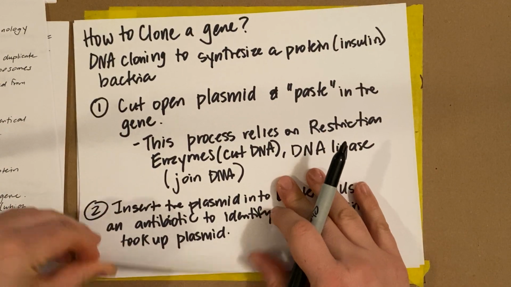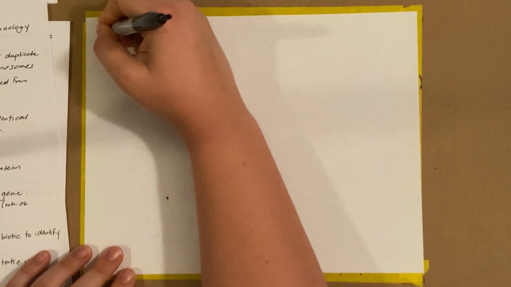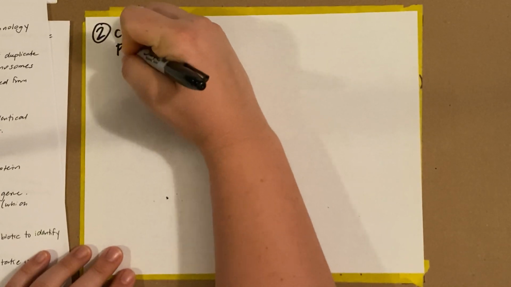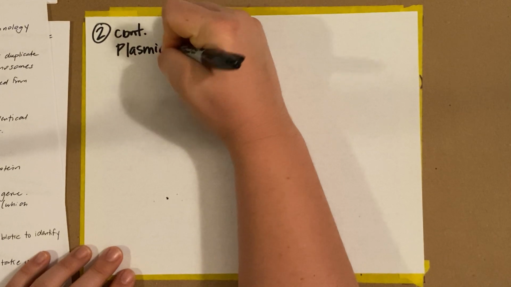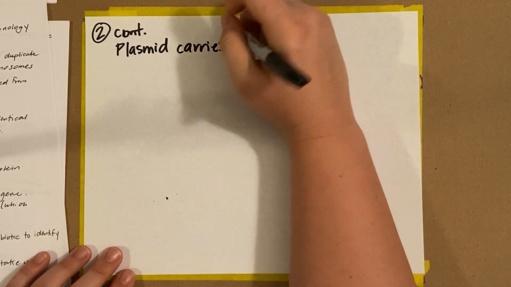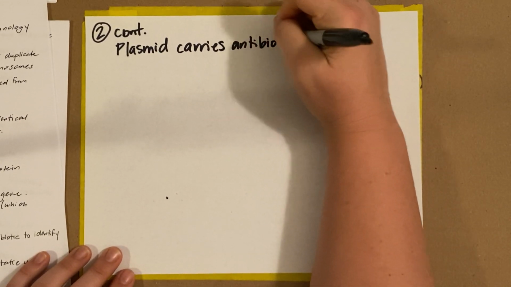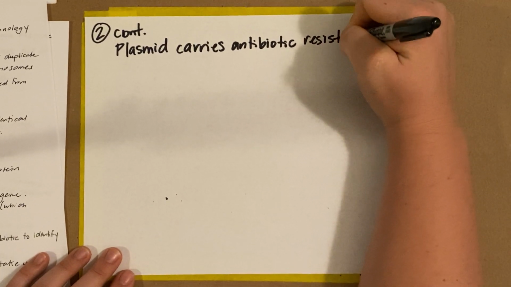So let's see. Okay, so let me write that down. So this is part 2 continued. Okay, so the plasmid carries antibiotic resistance gene.